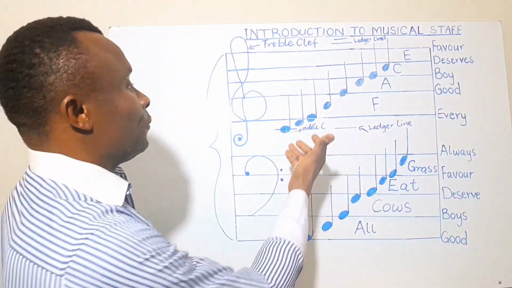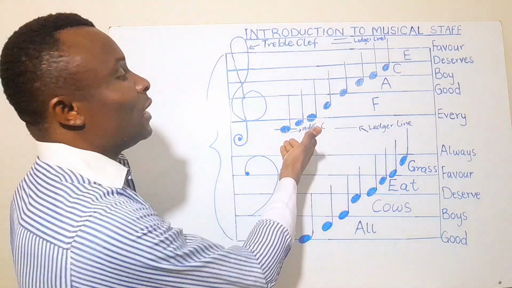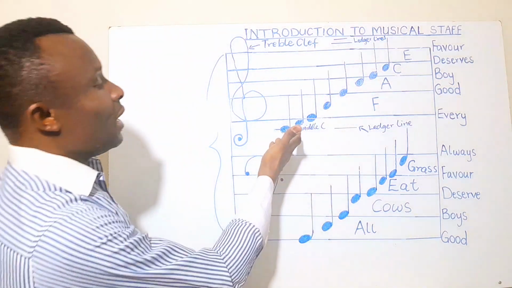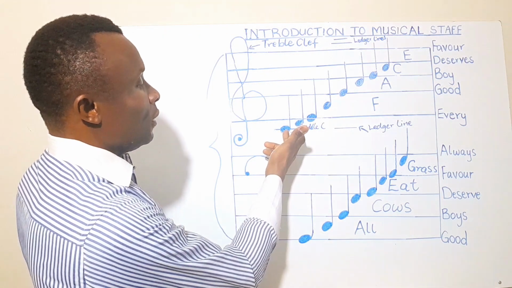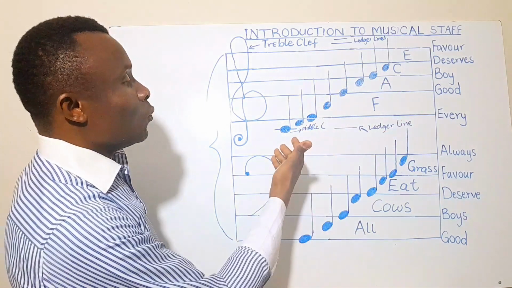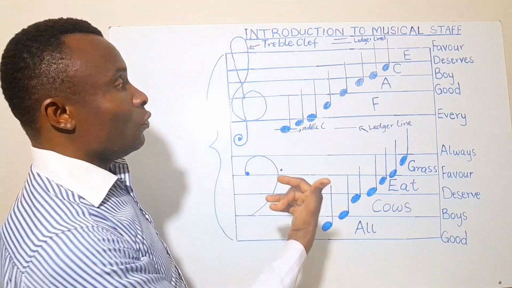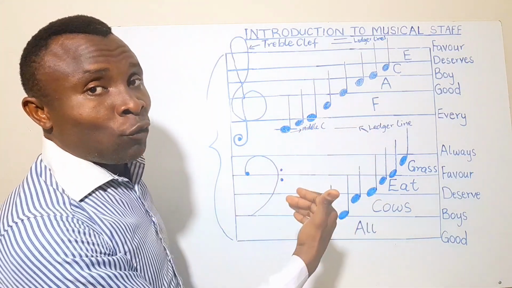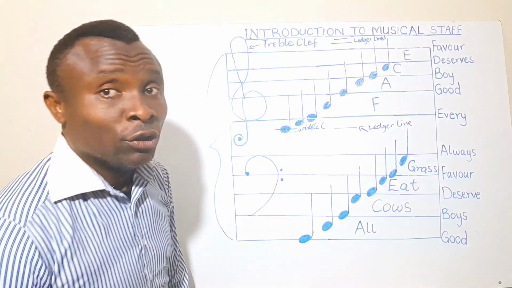Then we also treated the importance of knowing the notes on the stave. For example, we have the notes here on the different lines and spaces, but we also need to know the tonic sol-fa notation.